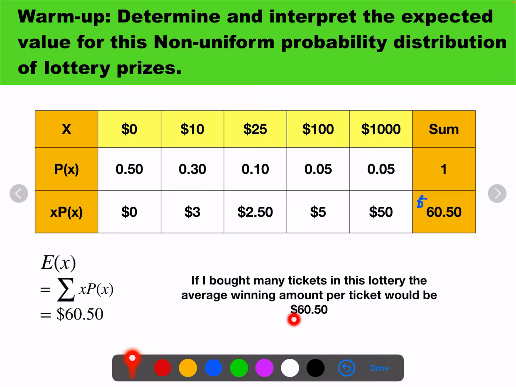What this $6.25 means is that if I bought many, many tickets, like really, if you bought all the tickets that were available, on average, you would win $6.25 per ticket. So the key words when you're explaining your expected value are that it's an average amount of whatever you're measuring per item if you did many trials. In this case, buying many tickets, you could say infinite trials, infinite tickets, something along those lines.